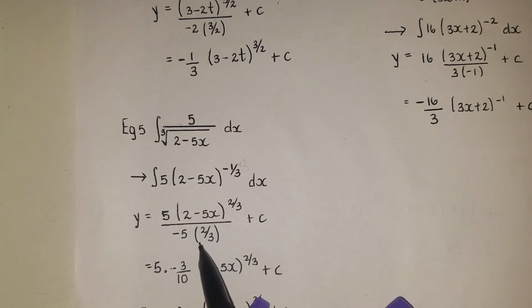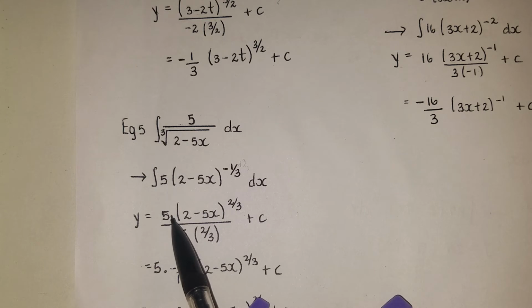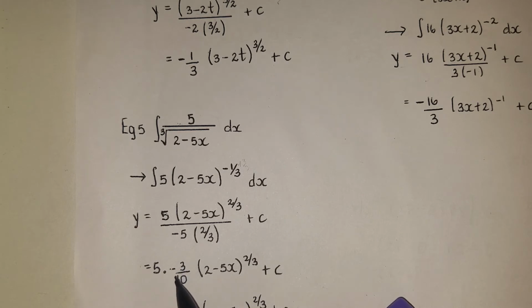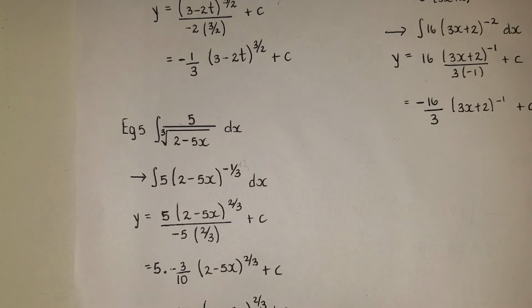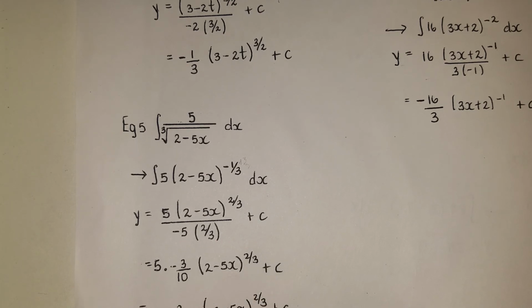So when it is brought up, it becomes a -3/10 and gets multiplied by the 5 and simplified, giving us -3/2. So now our answer is -3/2, and our 2 minus 5x all raised to a power of 2/3 plus c.